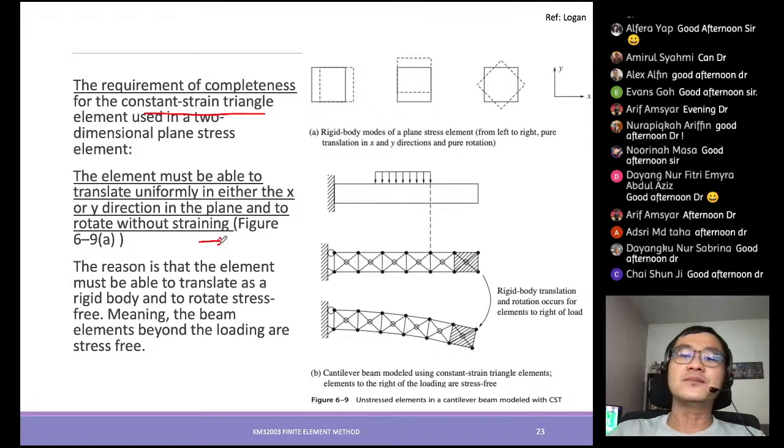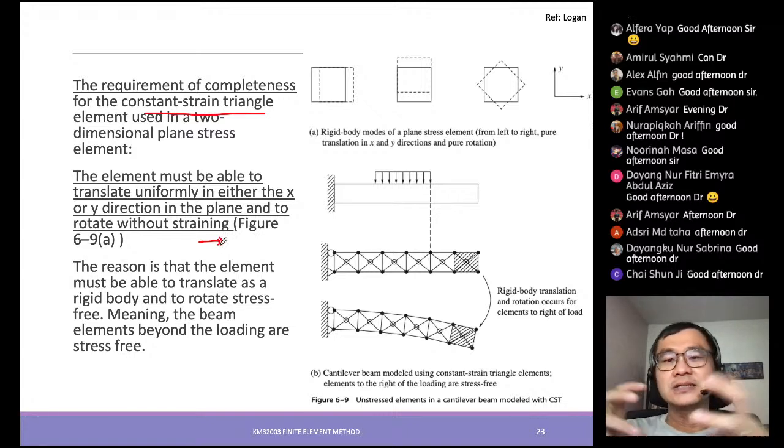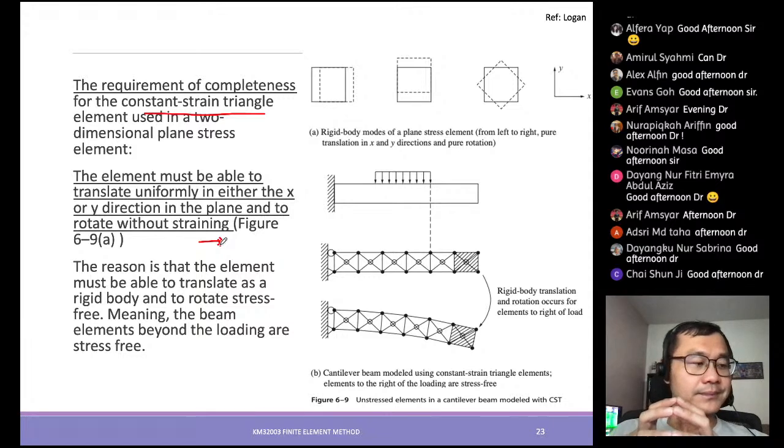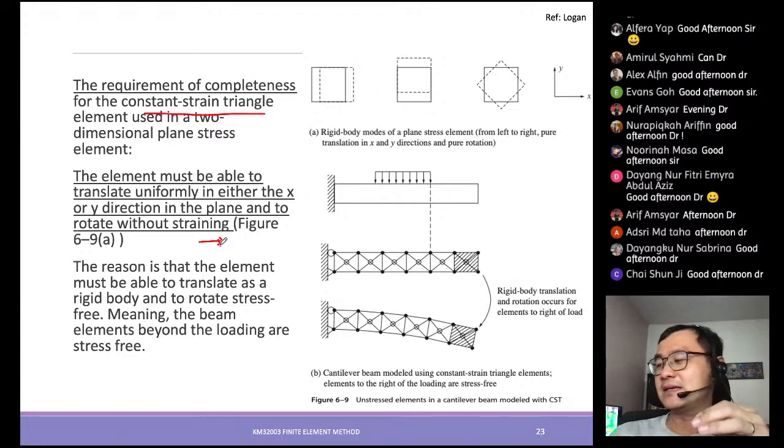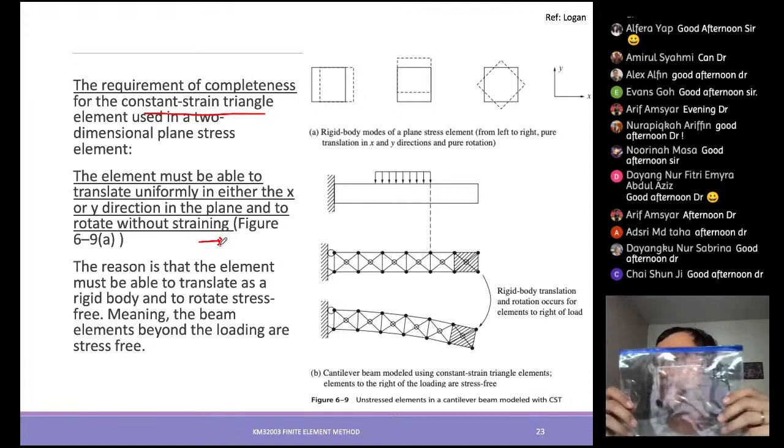So what occurs is that, based on our principle or knowledge, a shape will maintain its form. Let's say you have this form.